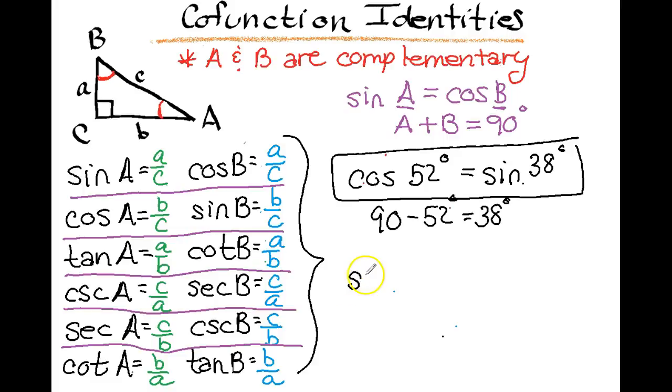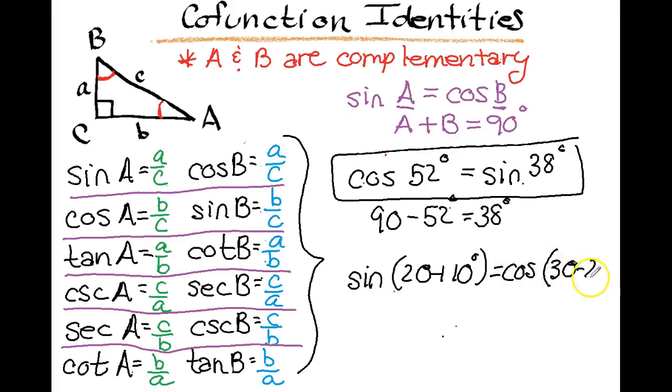And let's do sine of 2 theta plus 10 degrees. And I'm going to tell you that the sine of 2 theta plus 10 degrees equals the cosine of 3 theta minus 20 degrees.